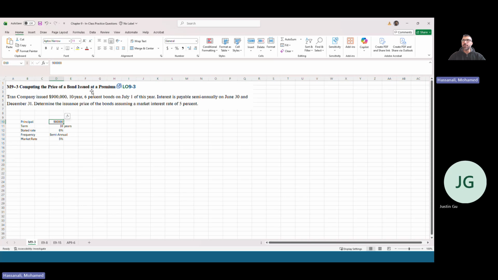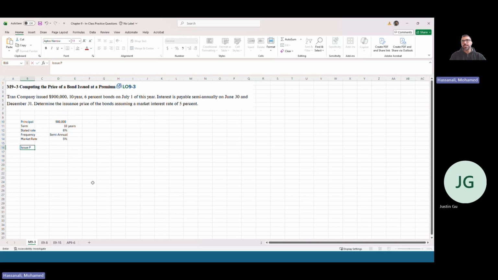Okay, so now we recall that to calculate the issue price, we need to first do the present value of principal, and we need to do the present value of interest payments. Present value of the principal, we need the principal amount times the present value factor.